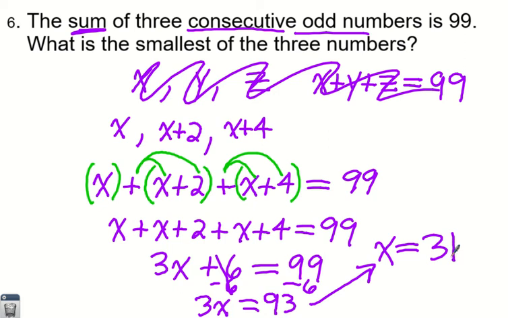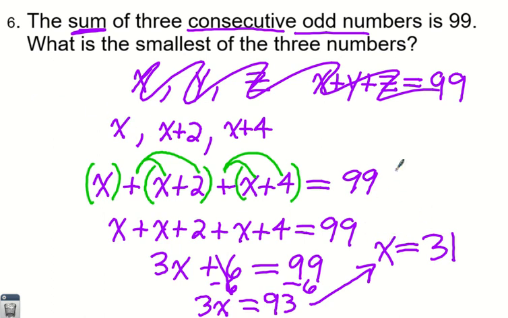Oh, that's right, 31. Now, what are they asking for? They're asking for the smallest of the three numbers. They could have asked for all three. In fact, that's usually what happens. But all they wanted was the smallest, which is X. So X was our smallest one.